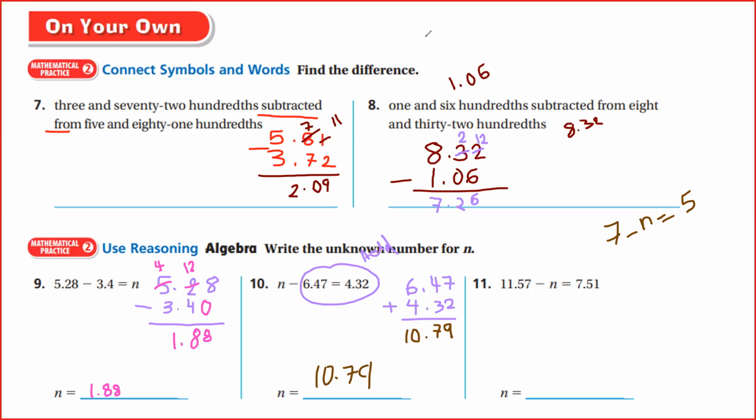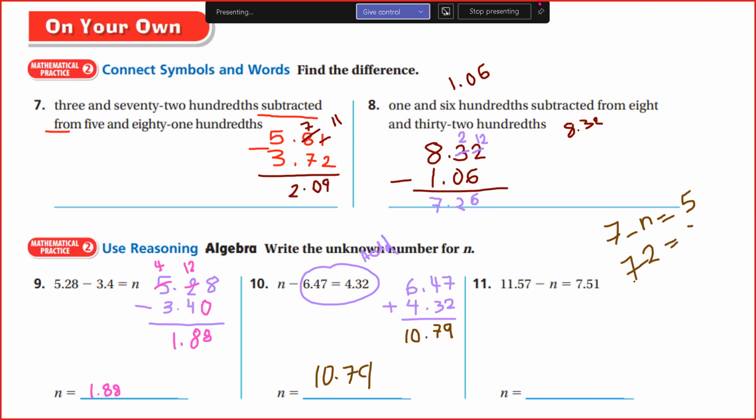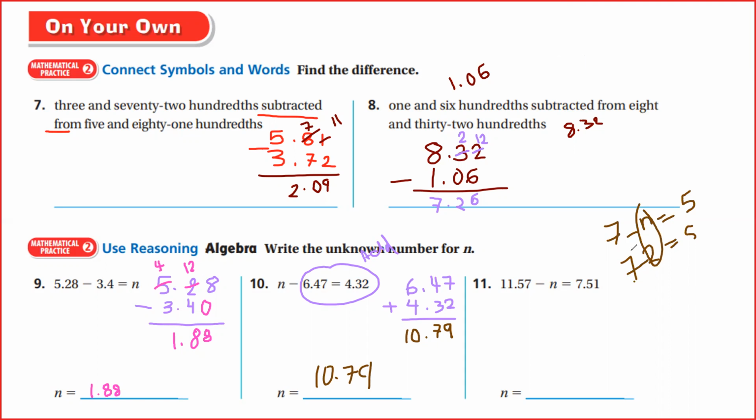It will be 2. Bravo, because 7 minus 2 is 5. So how do you get this 2? What did you do? How do you know that it's 2?